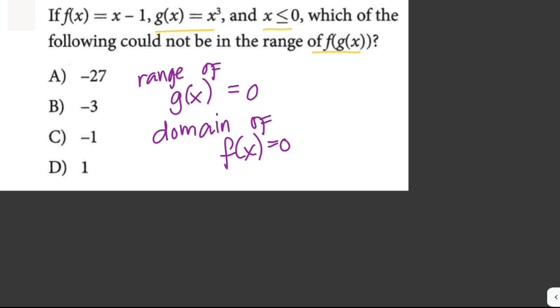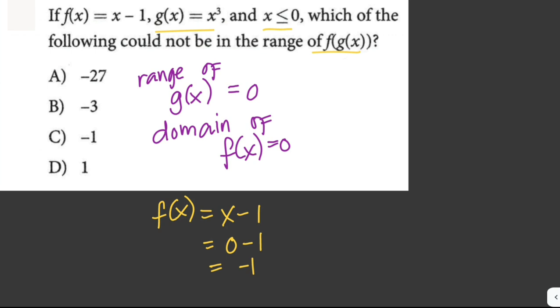So let's try substituting 0 for x in f of x. That is f of x equals x minus 1, and substituting 0 here, 0 minus 1. So the answer here is negative 1.